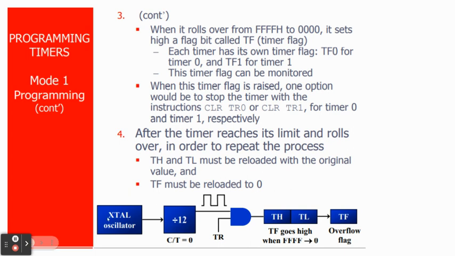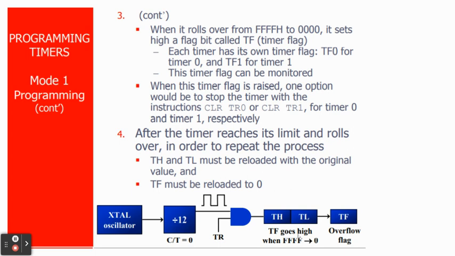So as you can see here, from the crystal oscillator, here C/T equals 0, this is a timer, and it will start counting up. And the TF will go high whenever FFFF becomes 0. So when you reach the maximum number FFFF and it goes back to 0, the timer flag will become high automatically. You don't need to put in your program that TF equals 1.